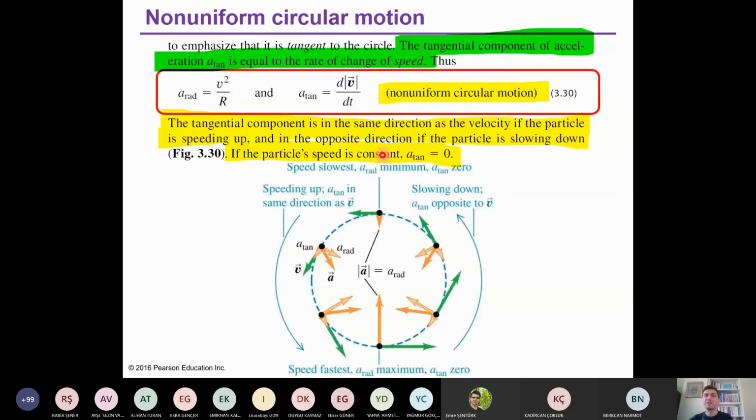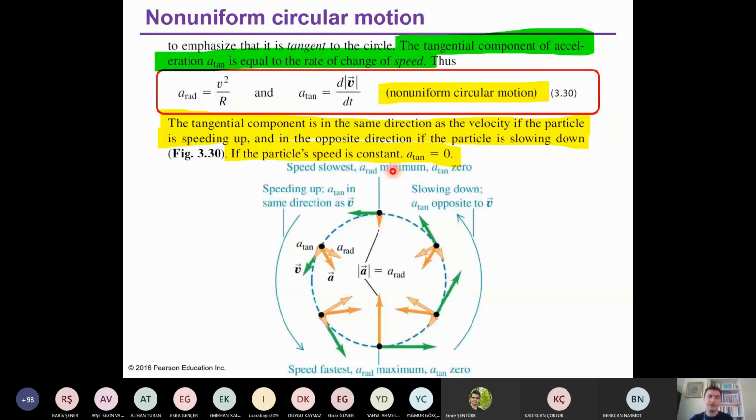Okay, so look at this equation. Here we have v. Let's consider that this velocity is constant. Velocity does not change. We are talking about uniform circular motion, and since it is constant, the time derivative of a constant number is 0. Tangential acceleration will be 0, okay? In uniform circular motion, since the speed does not change, this term will be 0, and we have no tangential component of the acceleration.